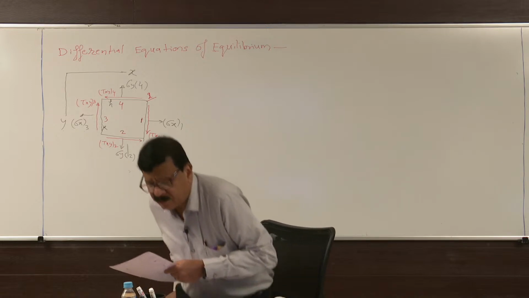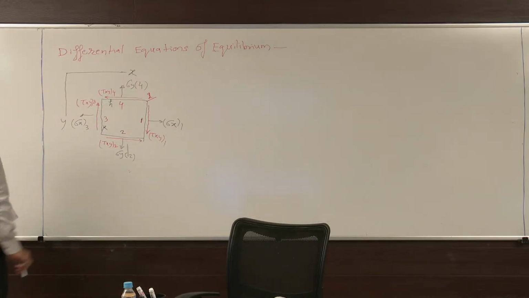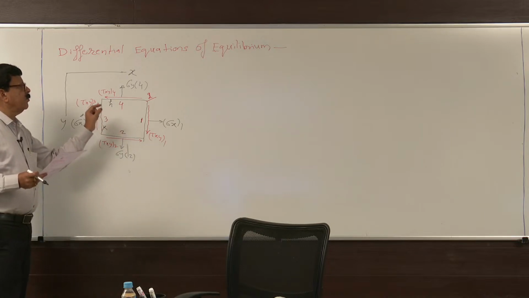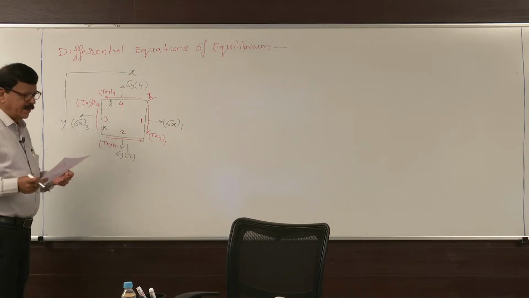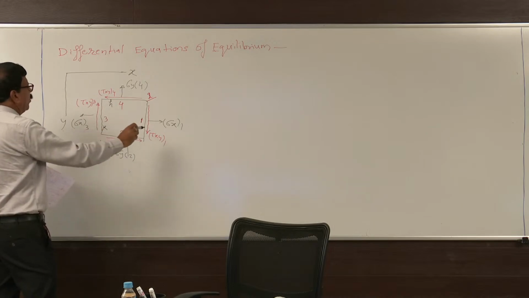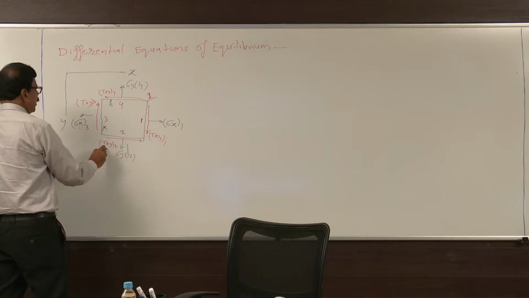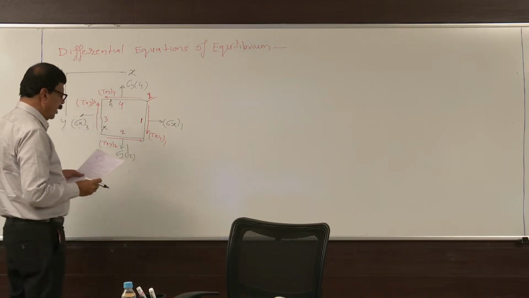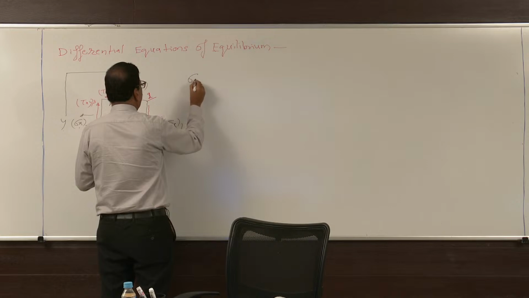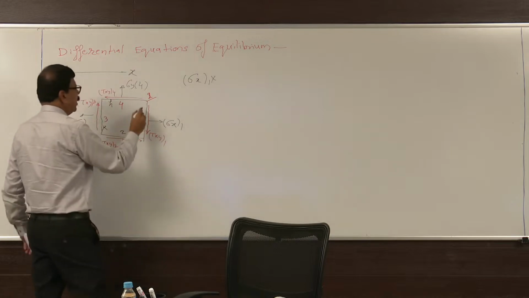In every class I mention the stresses are force per unit area, so to find the force we multiply by the length. In the x direction, how many forces are acting? This force, this shear force, this shear force. Taking the equilibrium in the x direction: sigma x1 acts on the side k.